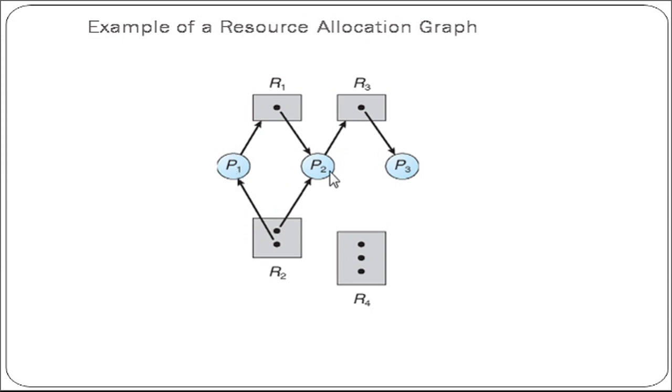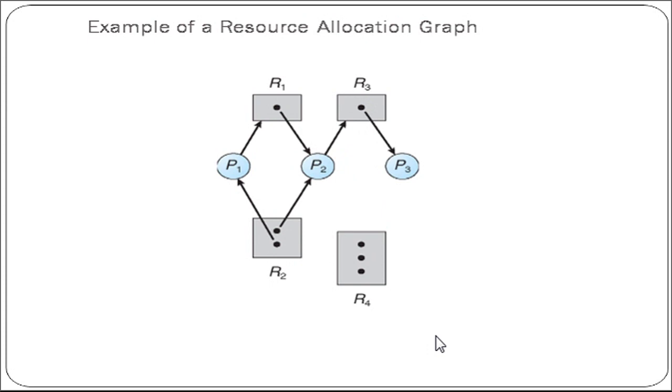Similarly, process P2 is allocated resources R1 and R2, and process P2 is requesting R3. Now process P3 is allocated R3.